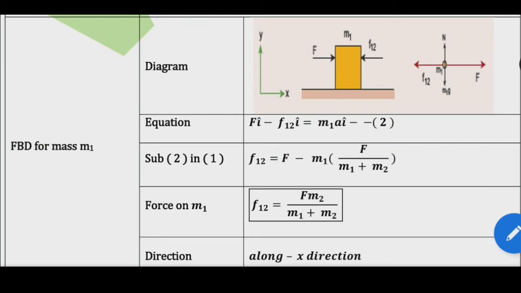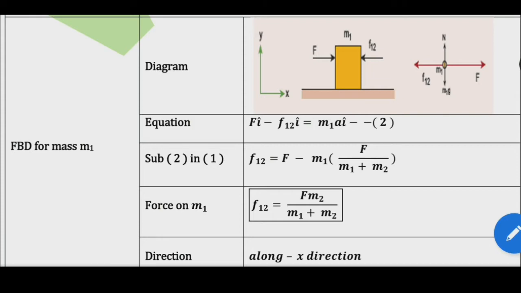By comparing the components on both sides of the above equation, we get F minus F12 is equal to m1 A. So substitute equation 2 in 1.